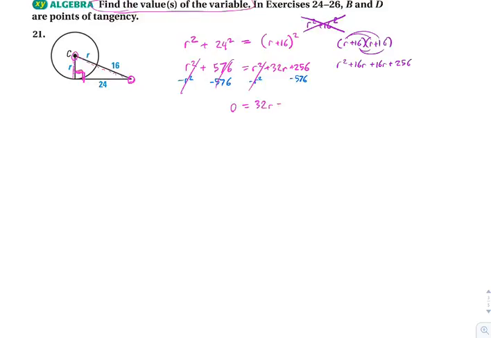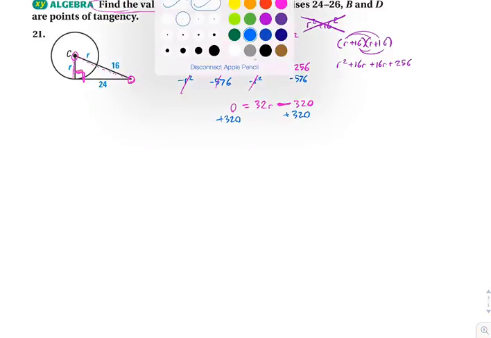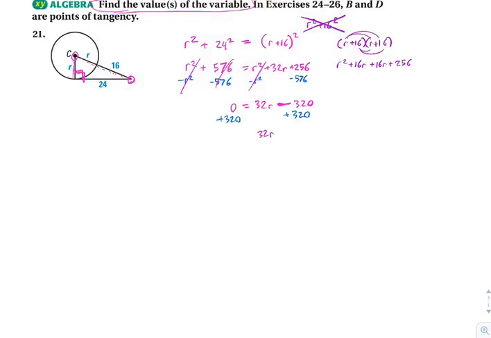So we've got 32r equals, or sorry, minus 320. And so now it's just a linear equation. So we can go back to our old strategy, just let's move all the numbers to one side, variables to the other. So we get 32r equals 320. So dividing both sides by 32, we just get that r is 10.